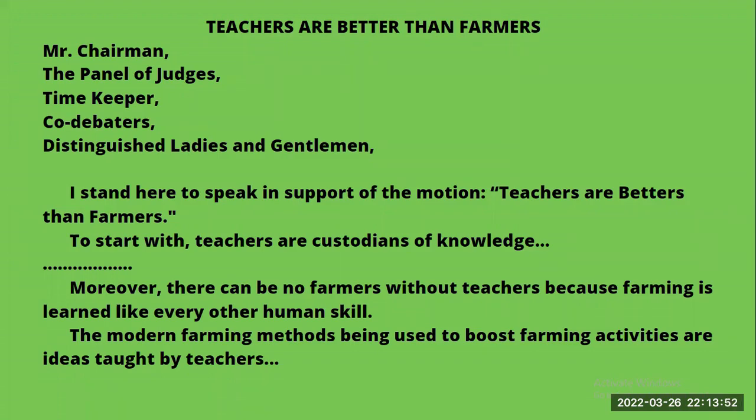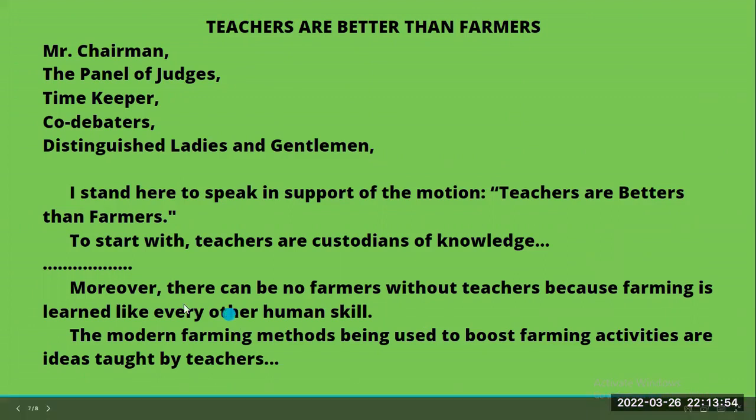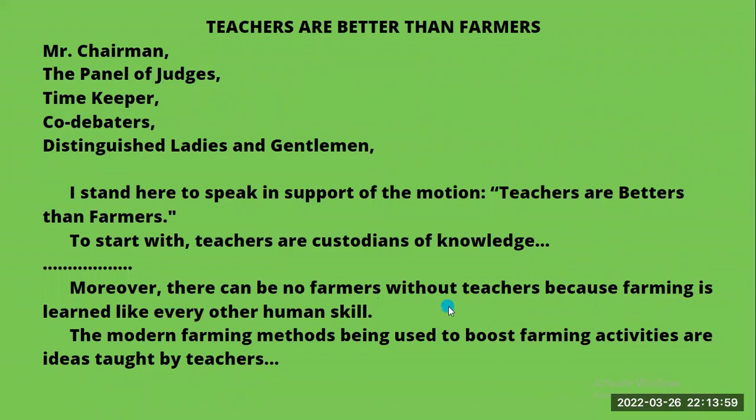That's your argument. Then in the next paragraph, you say, moreover, there can be no farmers without teachers because farming is learned like every other human skill, so then you explain what you mean by this, that every occupation in life is a skill that needs to be learned, and you can't practice any occupation without learning it, and you can't learn it without the teachers, all right?